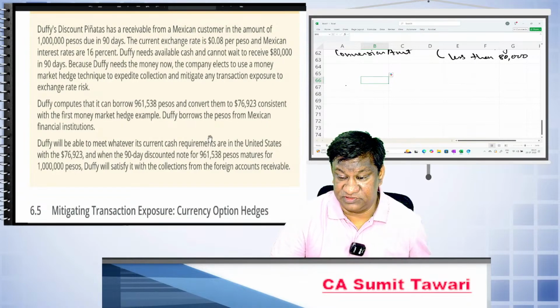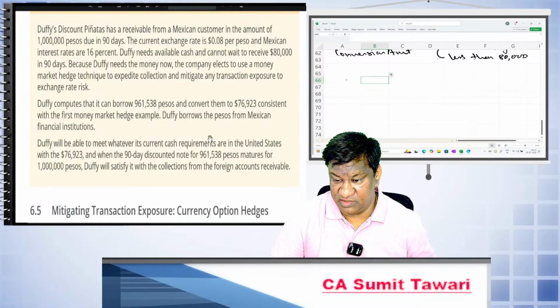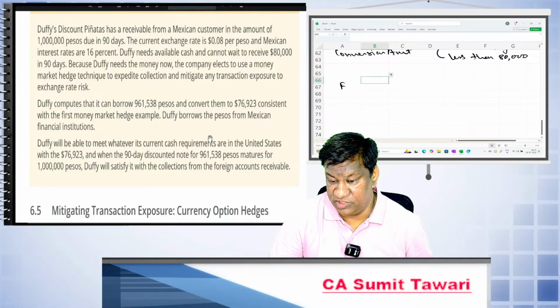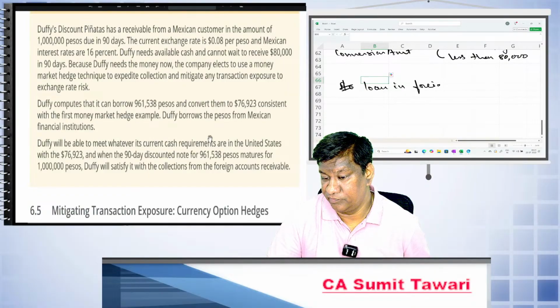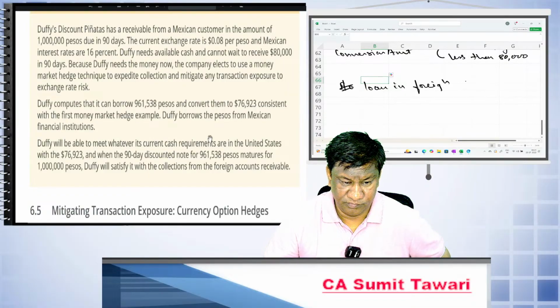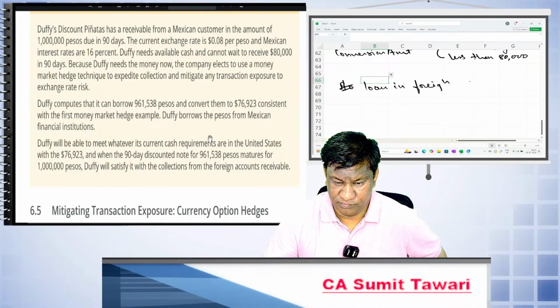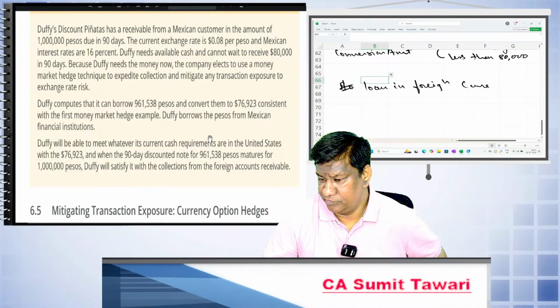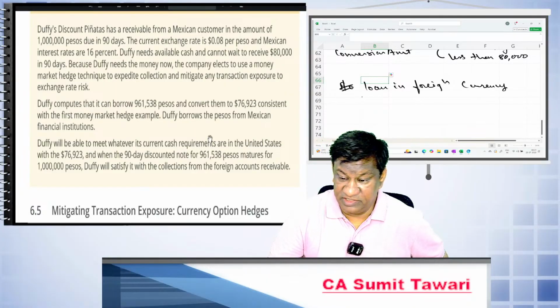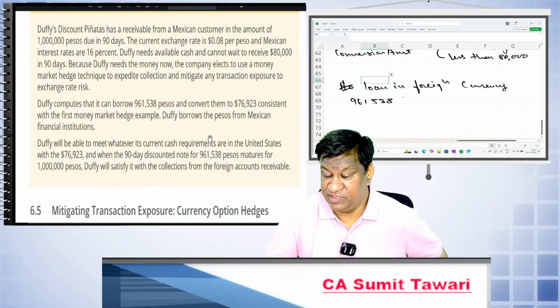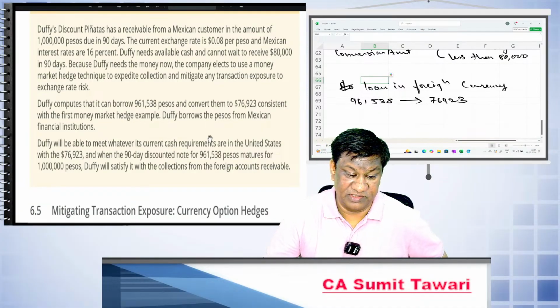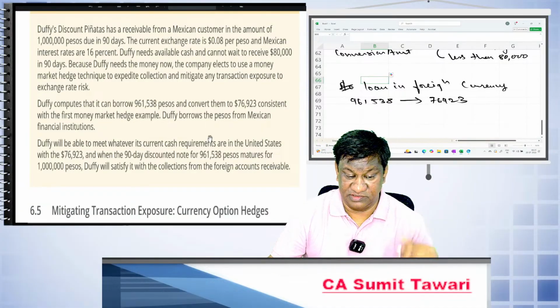So in that situation, what happened? We took a loan in a foreign currency, which is basically 961,538. Okay, and then it gets converted to 76,923. Okay, the way we discussed first.